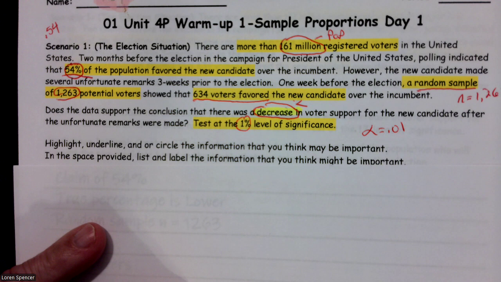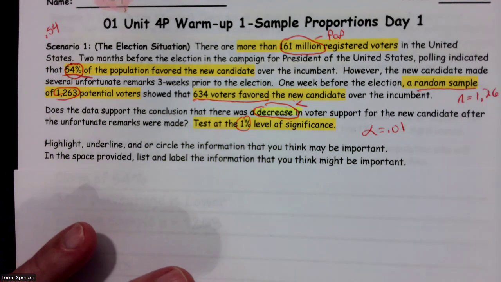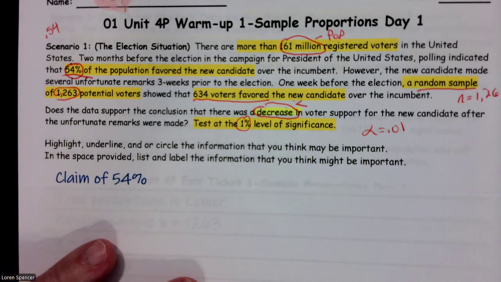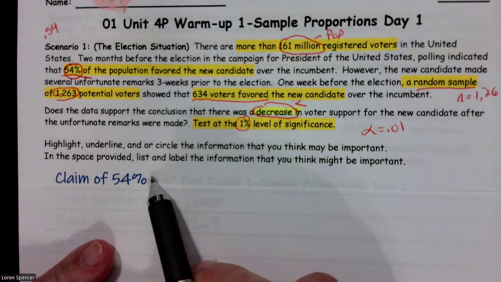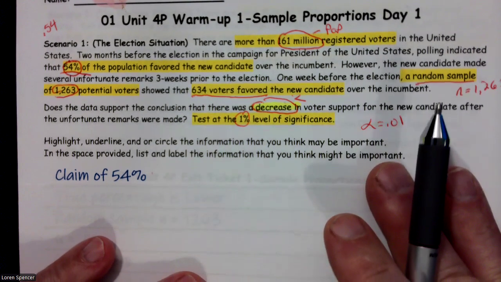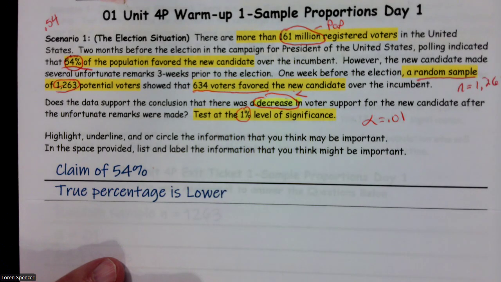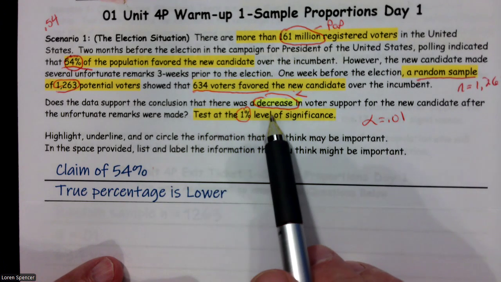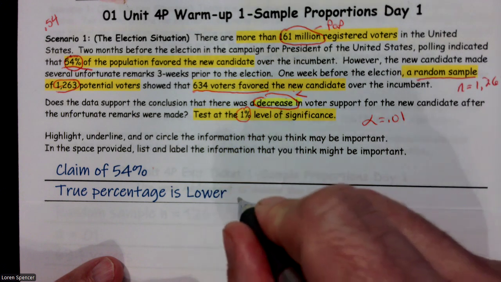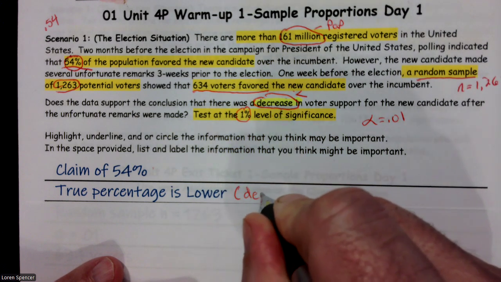In the space, list and label the information that you think might be important. All right, so we have a claim of 54%. Now that's interesting, because this is the first time that we've ever had a claim as a percent. They're saying the true percentage is lower because of the word decrease.